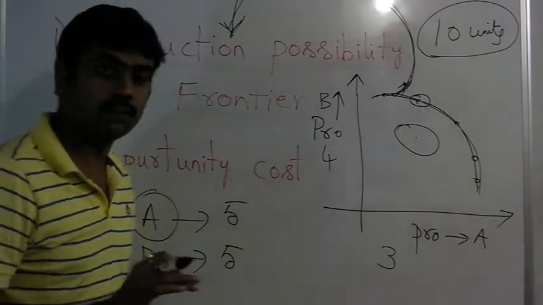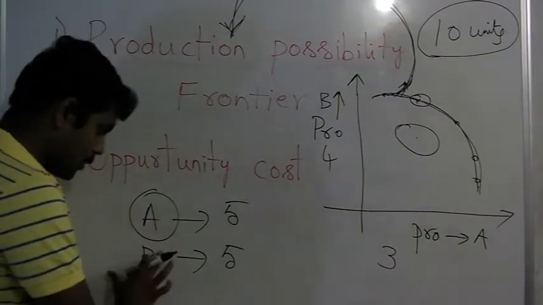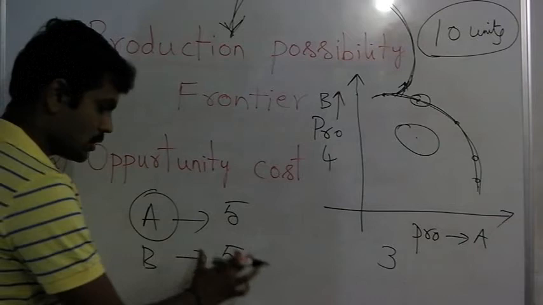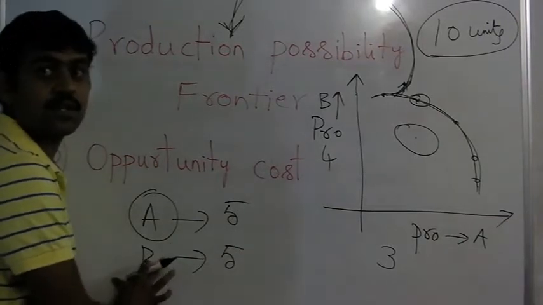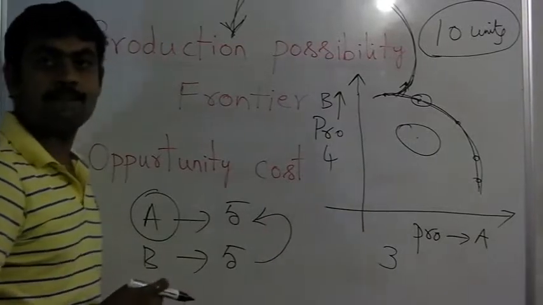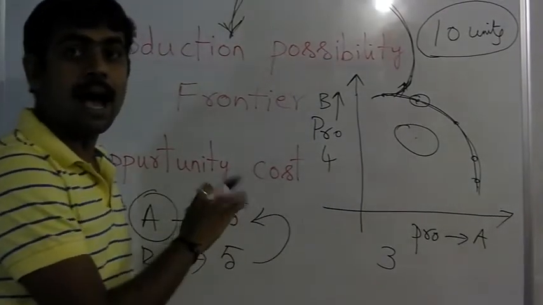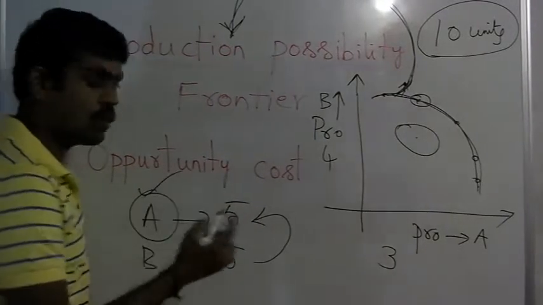Then what will we do? The resources which are actually allocated for the production of B will be diverted for the production of good A or service A to meet the higher requirement of A. So what happens?